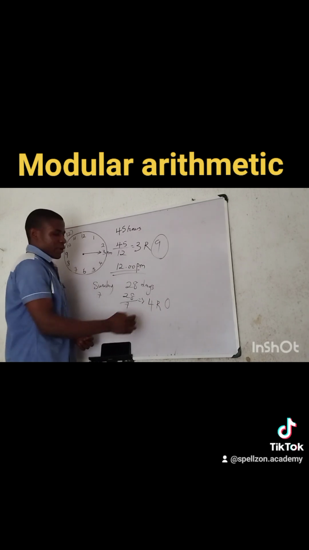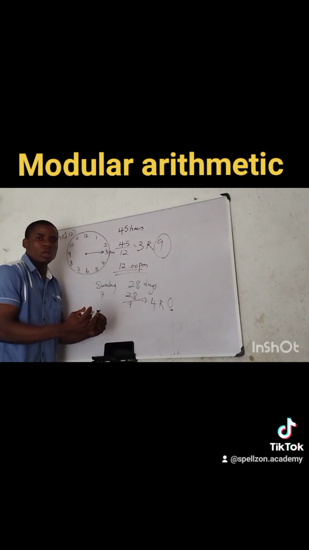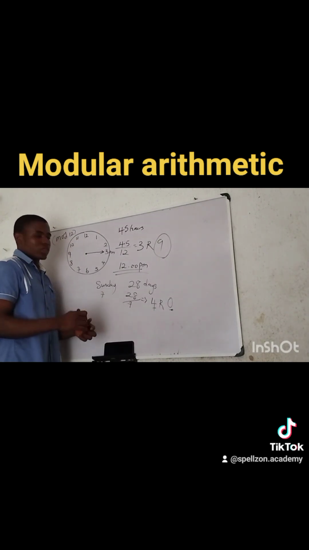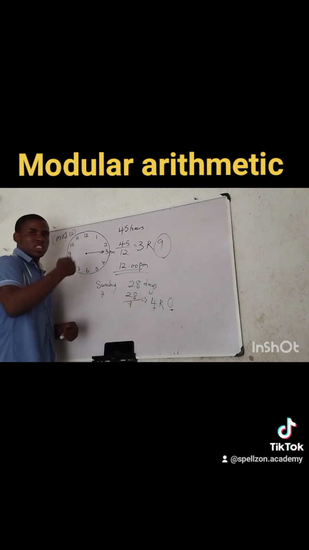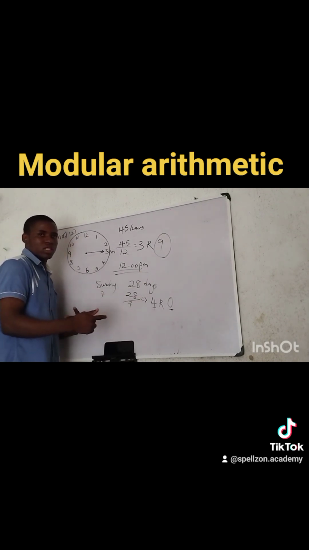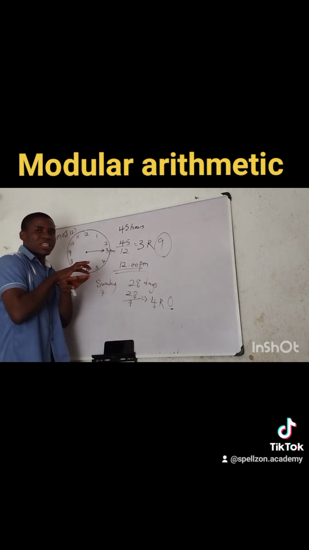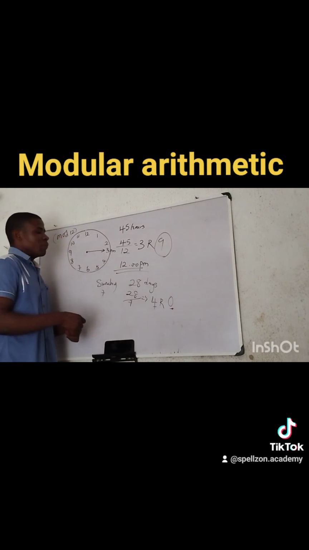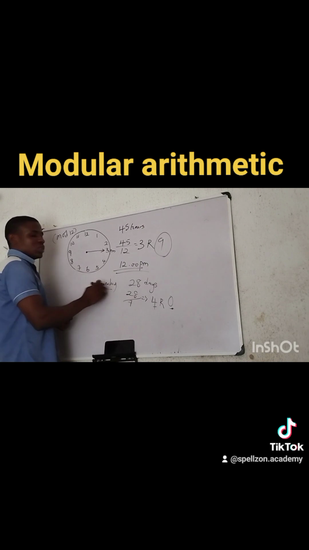This 4 is telling us that it has gone around 4 times: the first time it is Sunday, the second time Sunday, the third time Sunday, the fourth time still Sunday. The 0 tells us that at the last Sunday there are no more days to count. So if today is Sunday, the next 28 days will definitely be a Sunday.